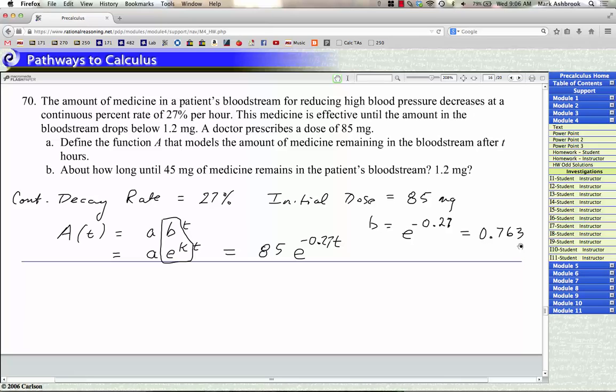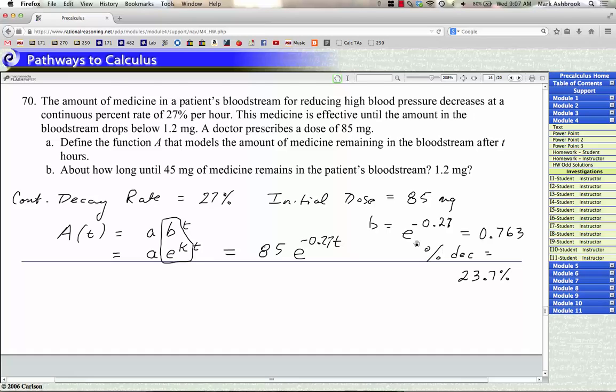Remember, decay factors represent what you keep, what remains. Therefore the true percent decrease is 1 minus that, or 100 minus 76.3, which is 23.7. So a 27% continuous decay rate means a true percent decrease every hour of 23.7%.